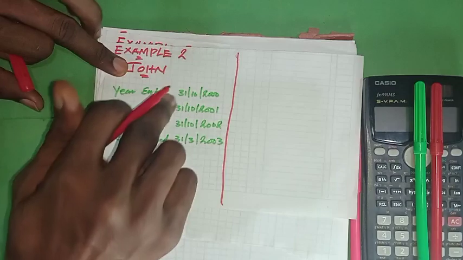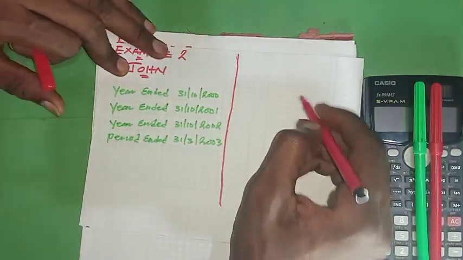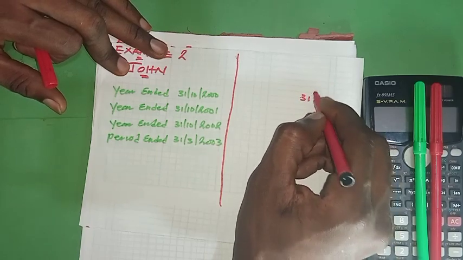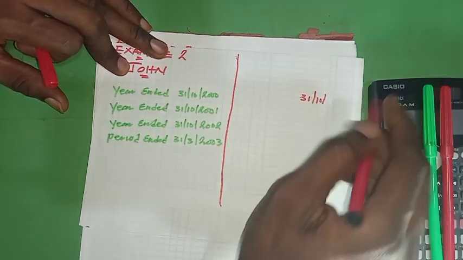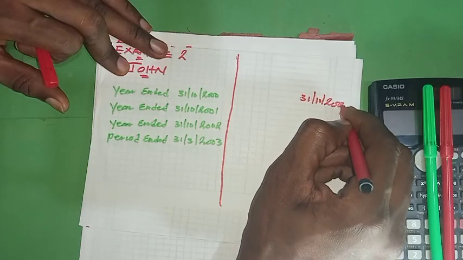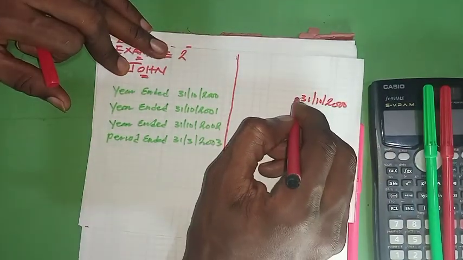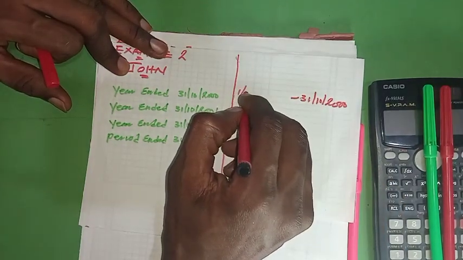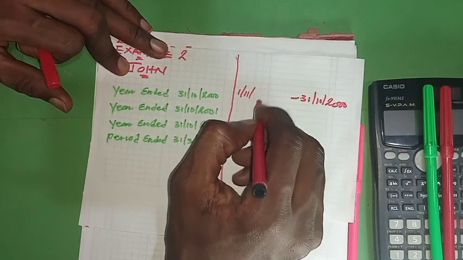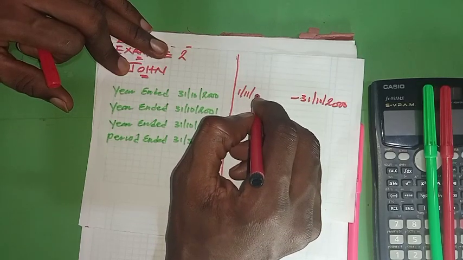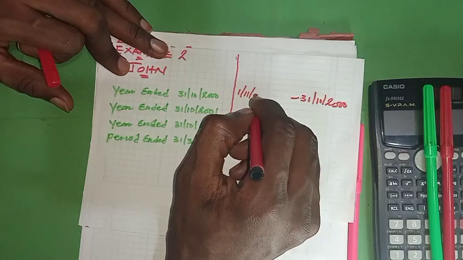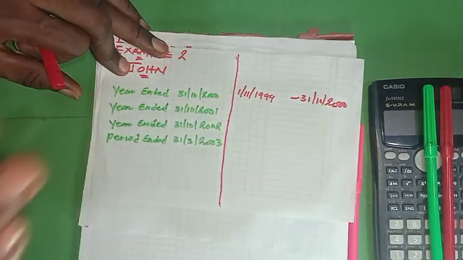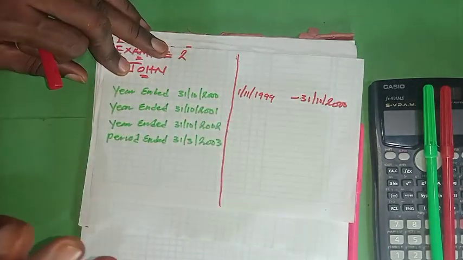I'm going to write this down. They want to check where they start the account. The account started 1st November 1999 to 31st October 2000. They prepared this accounting date to this place. Year end, this is what they prepared.